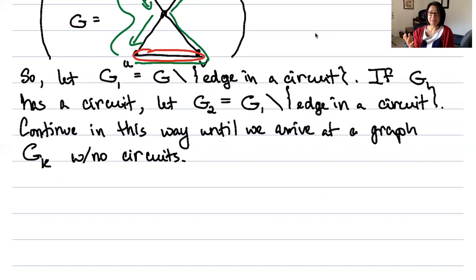I mean, I can't do this forever, right? The graph that I started out with was finite. So I can only remove so many edges before I don't have any edges left at all. Okay.